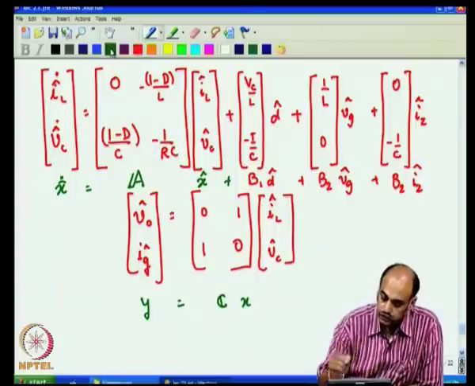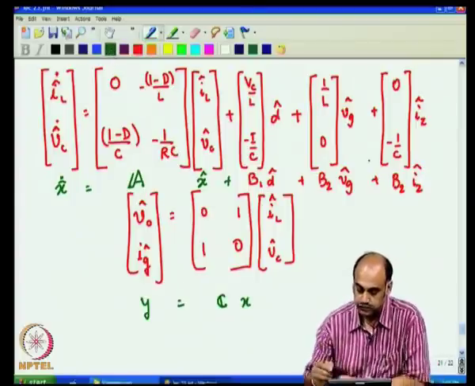You could also combine the three inputs in the following manner.